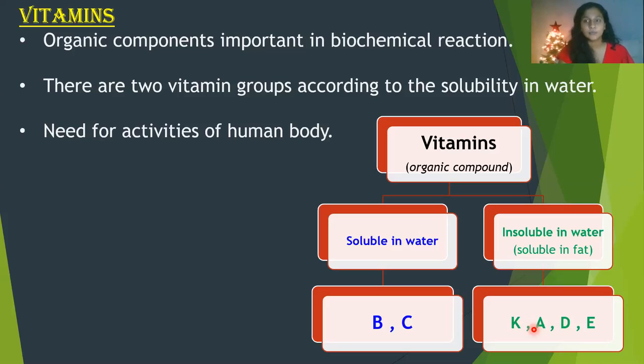But these insoluble vitamins are soluble in fat. So soluble in water: vitamin B and vitamin C. Insoluble in water: vitamin K, vitamin A, vitamin D, and vitamin E. Just a small trick, you all can memorize these insoluble vitamins as KADE.